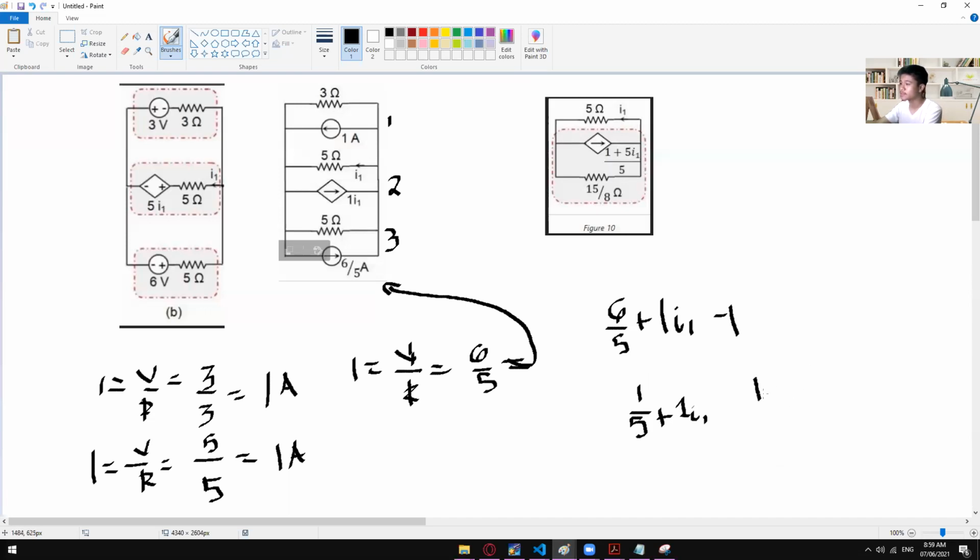And right here we still have 1 since this one is actually 1 over 1. So 1 times 1 is still 1. But in here, 5 times 1 I sub 1 will give us 5 I sub 1. And then for the denominator, 5 times 1 is equal to 5. So that is why we now have this expression right here.